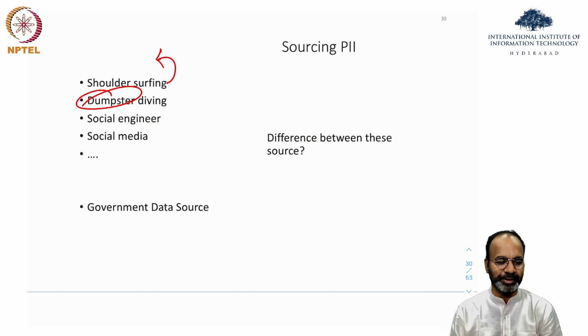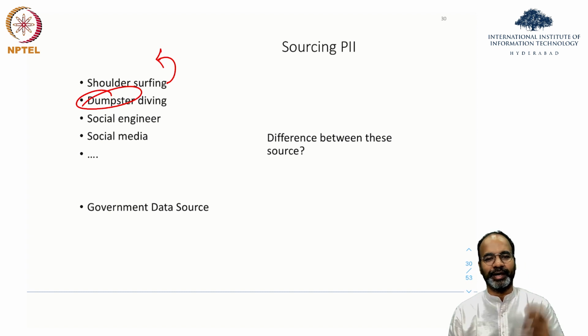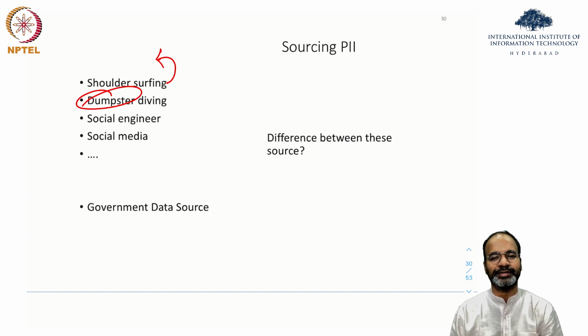I have personally seen some people's income tax filing returns lying around the trash cans near the place I used to live. Not very common, you won't find income tax filing returns every day, but you will see such things if you dig into this trash.